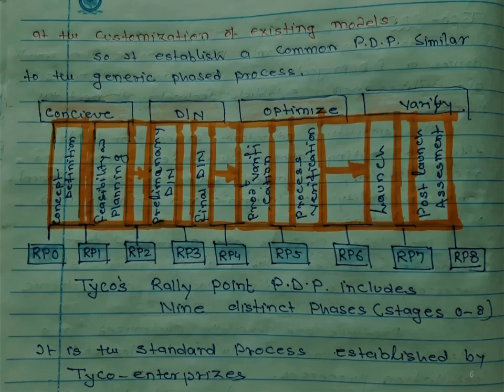So these are the various stages or phases. It starts from RP0 to RP8. So these are the 9 distinct phases from 0 to 8. It is the standard process established by Tyco Enterprises.